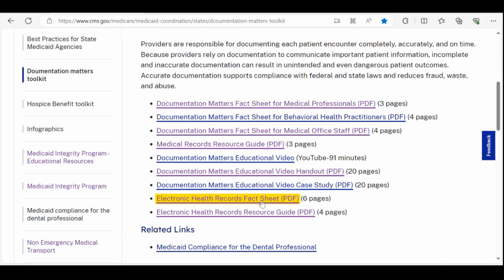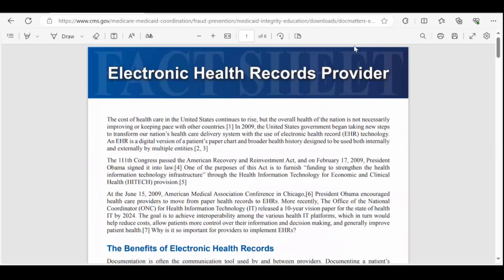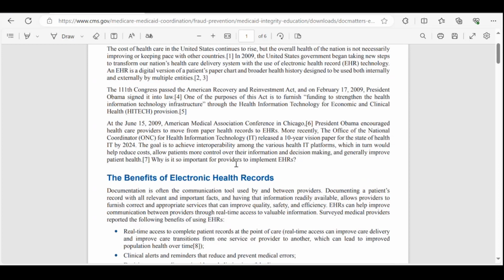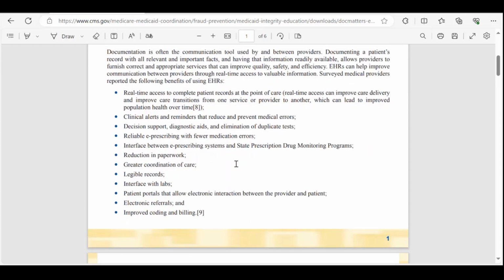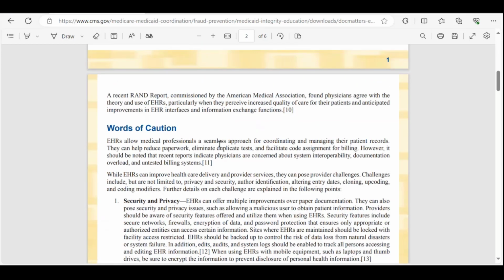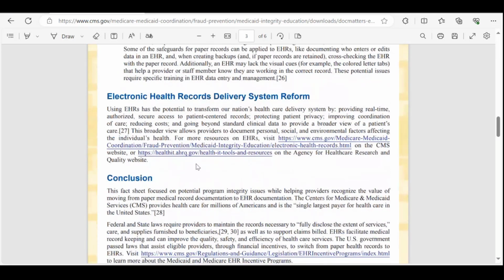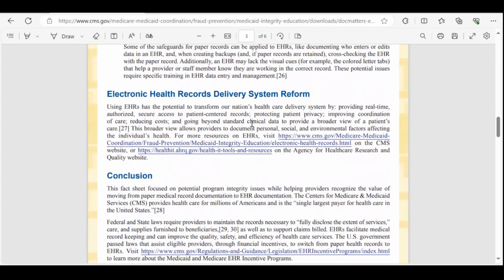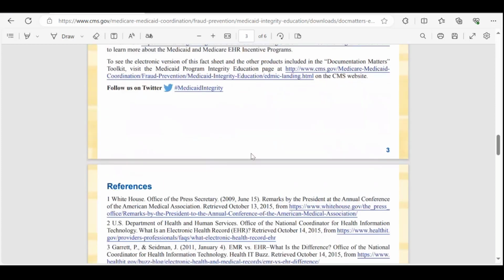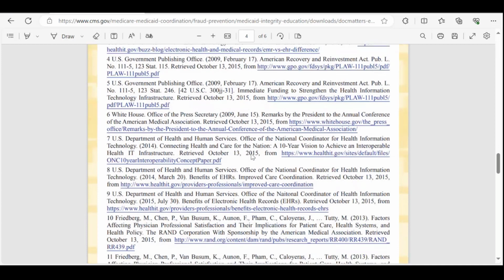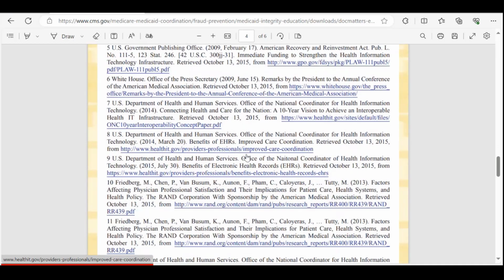So if we go ahead and open up the fact sheet, what we'll see is a total of 6 pages. It starts off with a brief introduction, then it goes over the benefits of the health records, words of caution for electronic medical records, some information on reform, a conclusion, and then again, a number of great references.